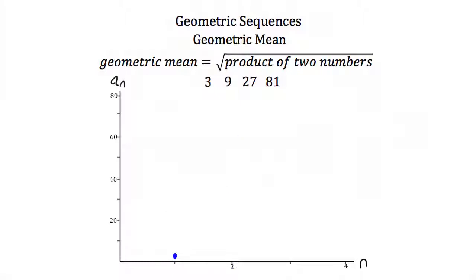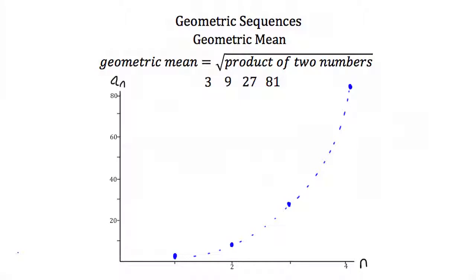Our second term is 9, and that one would be roughly there. Our third term is 27, that would be about there. And our fourth term is 81, and that would be way up here. Notice that these terms are following the shape of an exponential graph.